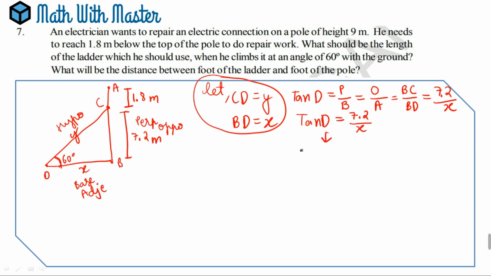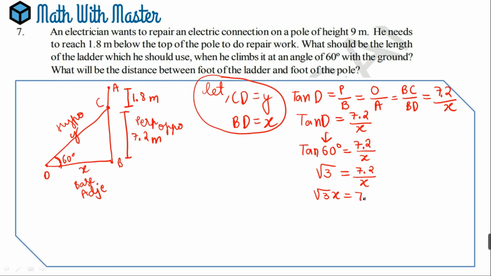We know the value of angle D, so instead of tan D we can write tan 60 degrees, because the value of angle D is 60 degrees, which is equal to 7.2 upon x. What is the value of tan 60 degrees? It is root 3. So root 3 is equal to 7.2 upon x. By cross multiplying, root 3x is equal to 7.2, and then x is equal to 7.2 upon root 3.